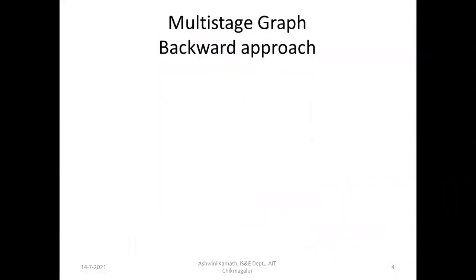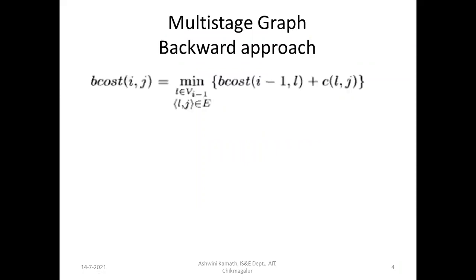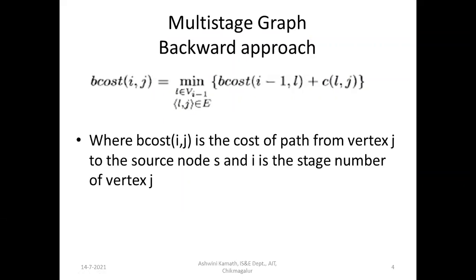The next algorithm is the backward approach algorithm. This is the equation which we were using for the backward approach. B cost of i, j is equal to minimum of B cost of i minus 1, l plus c of l, j, where l belongs to V i minus 1, and l, j belongs to E, the set of edges. Here B cost of i, j is the cost of the path from vertex j to the source node.